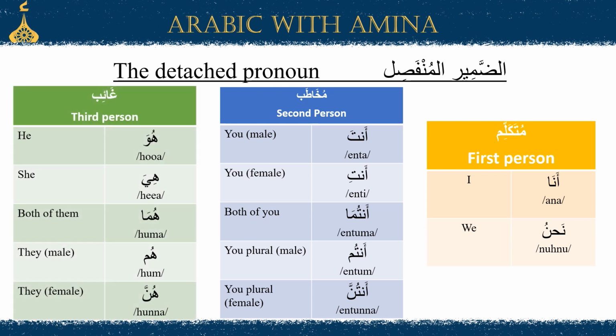As for the third person, if we are talking about one person and he is male, we would say huwa. If female, hiya. If we are talking about two people, regardless of gender, would be huma. Talking about a group of people, they would be hum if male, hunna if female.